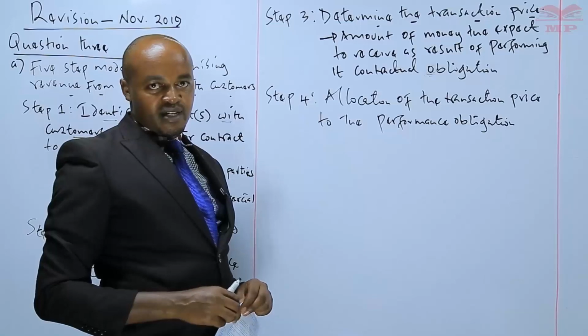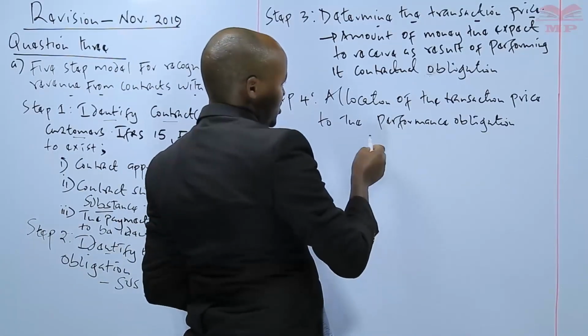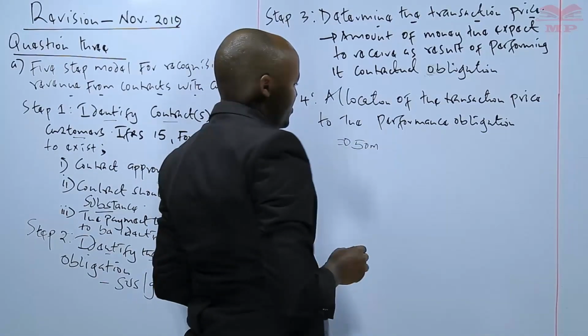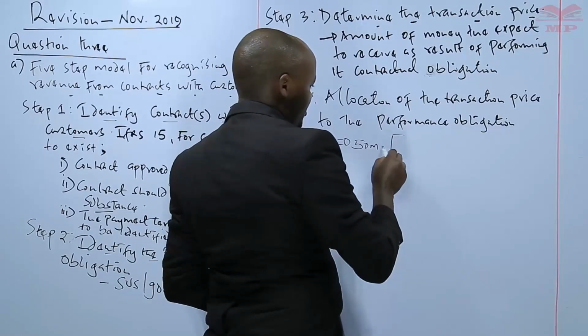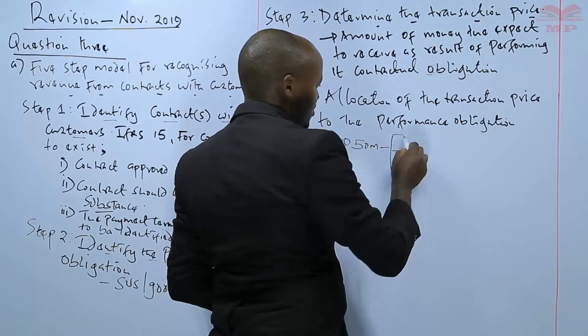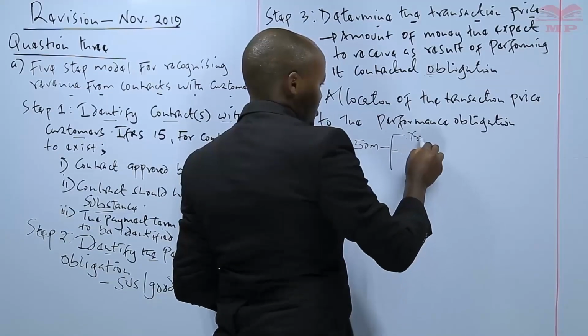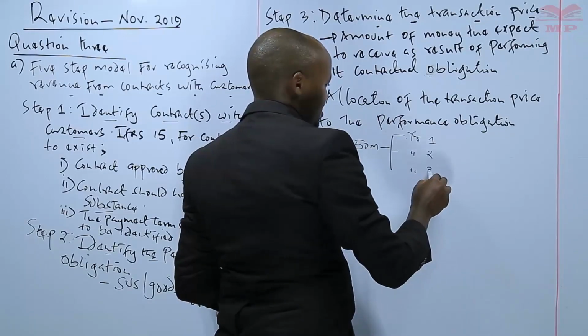What that means is that if, for example, a business is supposed to receive an amount of 50 million, and assume that this 50 million will be received as a result of services which will be provided in year 1, year 2, and also in year 3.